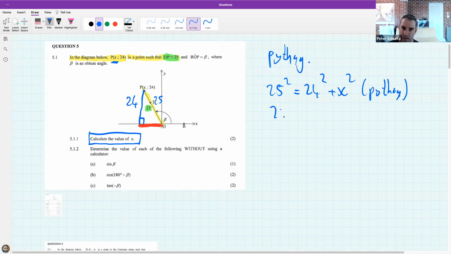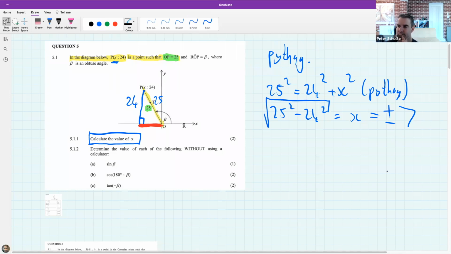Okay. Now you guys are on the right track with your 7. But when you square root something, there's actually 2 possible answers. In this case, there's the possibility of plus or minus 7. Now, if I look at the drawing, is x going to be plus or minus 7?